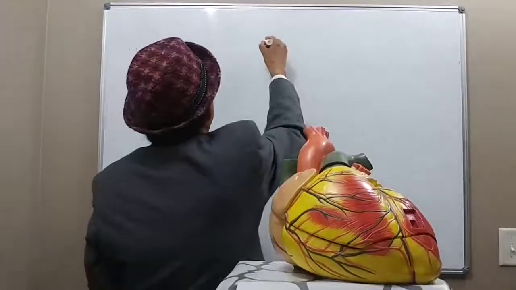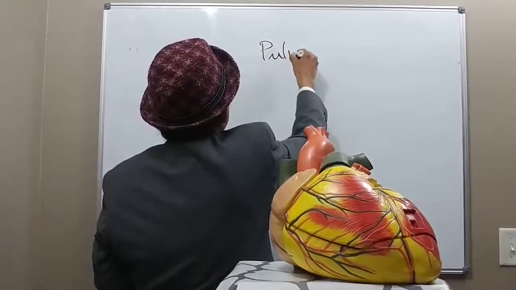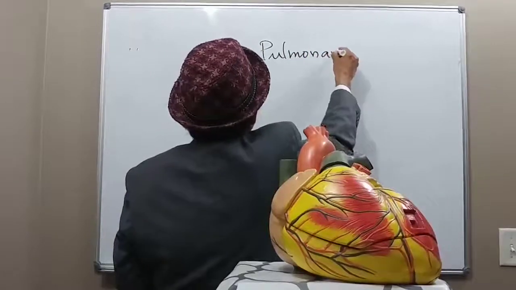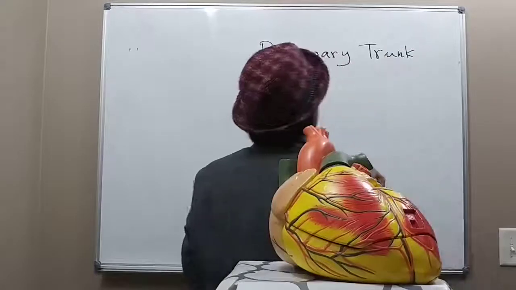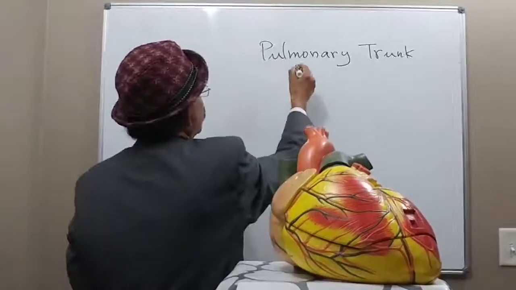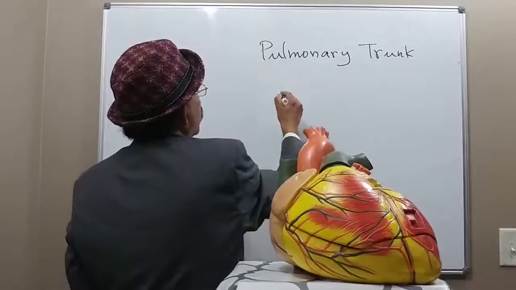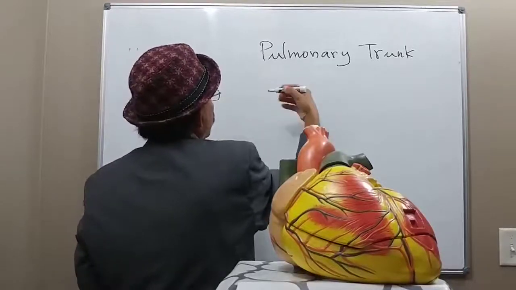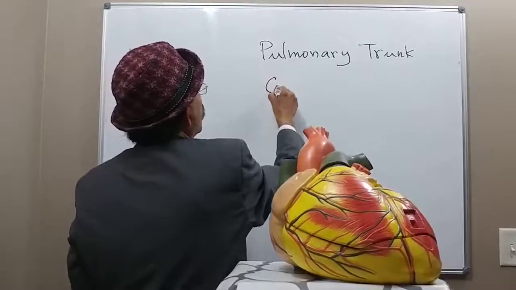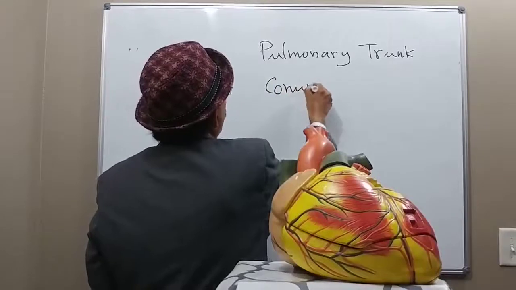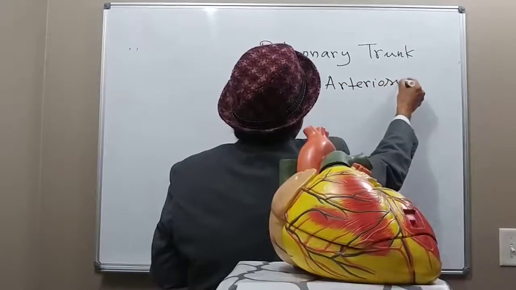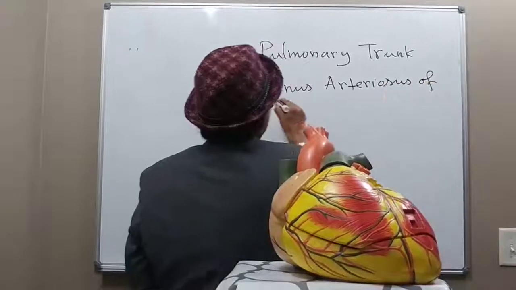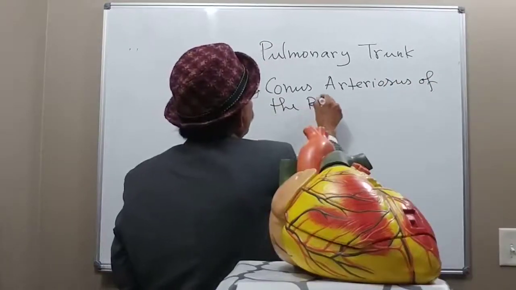If you go to the pulmonary trunk, it comes out of the right ventricle, from the conus arteriosus of the right ventricle.